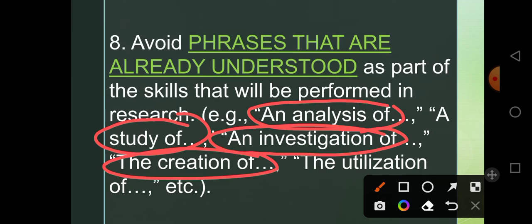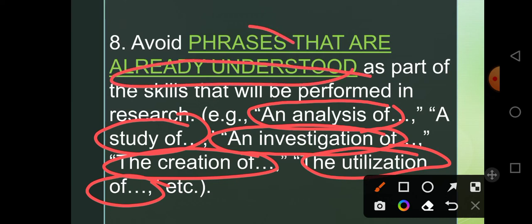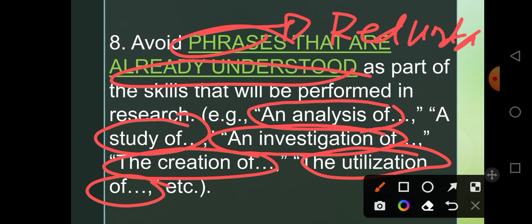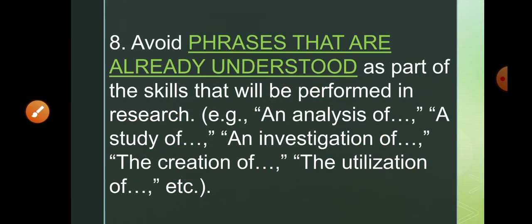And in doing research, it is already understood that you utilize a variable that is present in your study. So, if you incorporate these already understood phrases in your research title, it can be a bit redundant, a bit insignificant. So you must avoid phrases that are already understood. And that will be our eighth guideline.